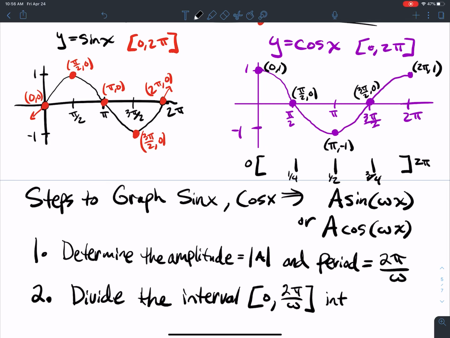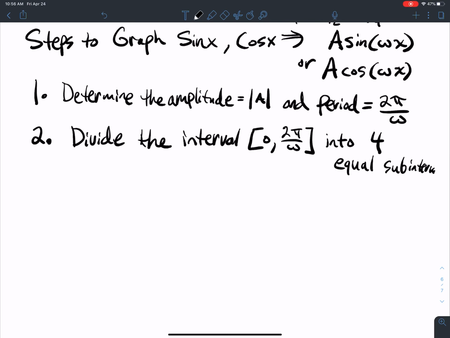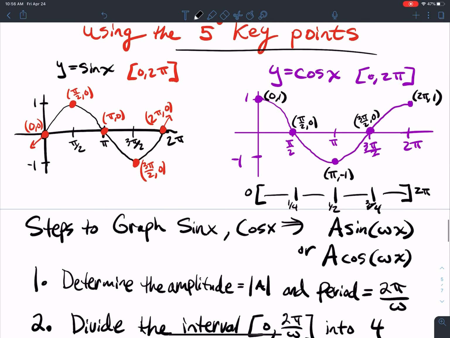That's how we found where our key points were located. That was the game plan.